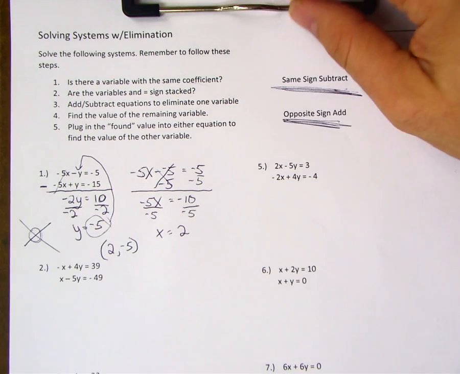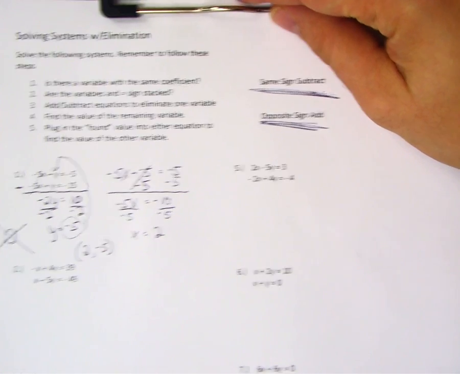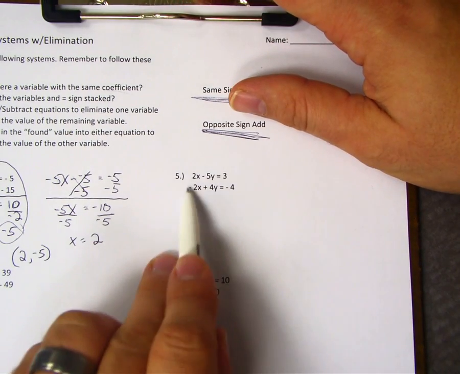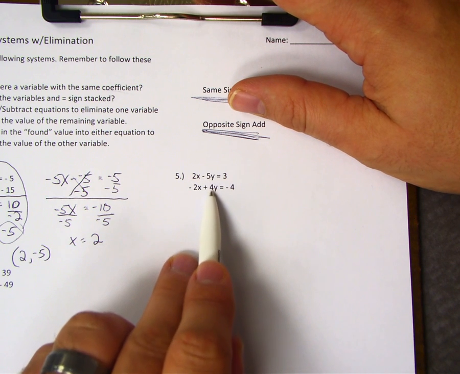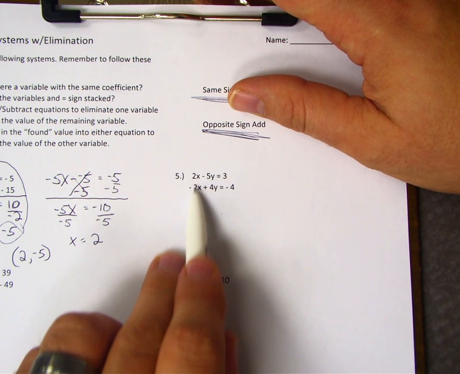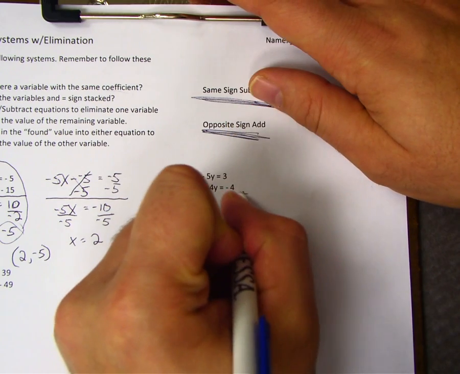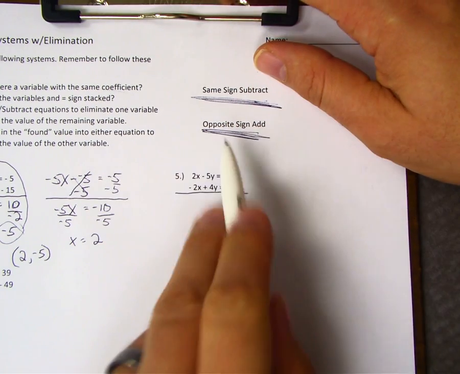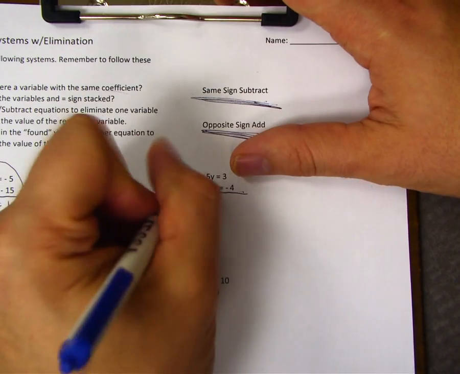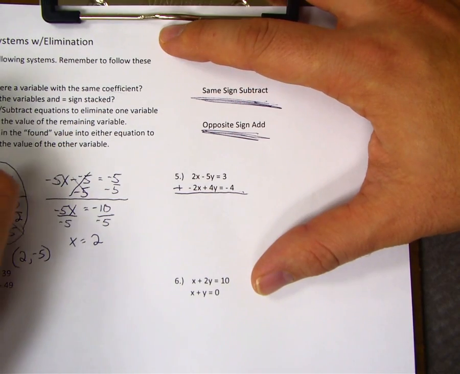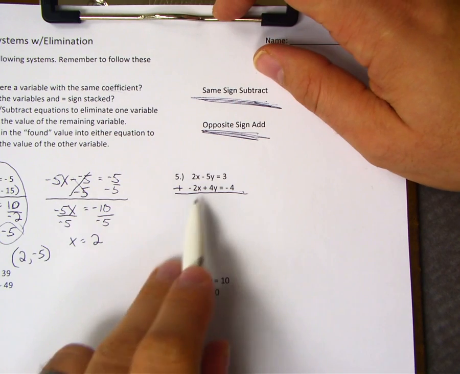Right? Let's go ahead and try another one real quick. Let's try number 5. If you look at number 5, we've got 2's, we've got 5 and 4, so the 2's are the ones that are the same coefficient, except they have the opposite sign. Opposite sign, add. So I'm going to put a plus sign in front. And when you put that plus sign in front, you've got to add all of these.